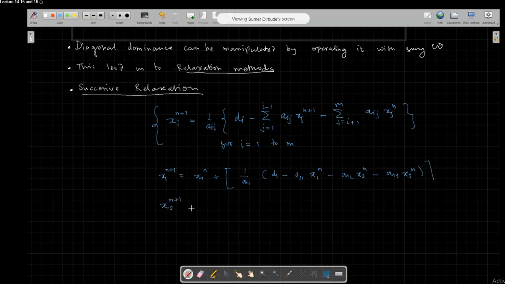x2^(n+1) will be equal to x2^n plus 1 over a22 times d2 minus a21 x1^(n+1) minus a22 x2^n minus a23 x3^n.